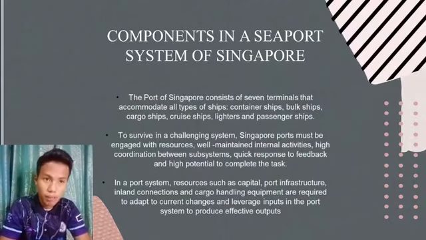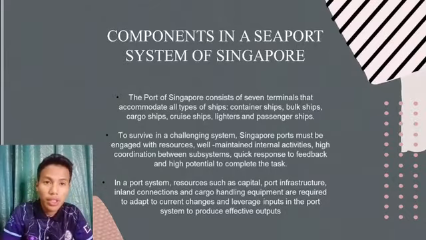The Port of Singapore consists of 7 terminals that accommodate all types of ship: container ship, bulk ship, cargo ship, cruise ship and passenger ship, depending on their cargo. These ships call at all terminals operated by petroleum companies, and all terminals operated by PSA Corporation and Jurong Town Corporation.